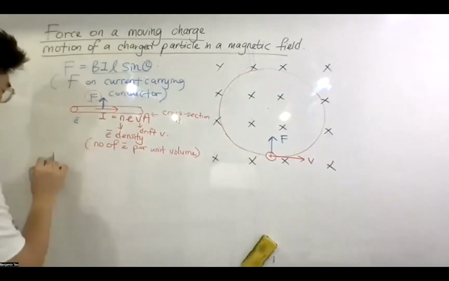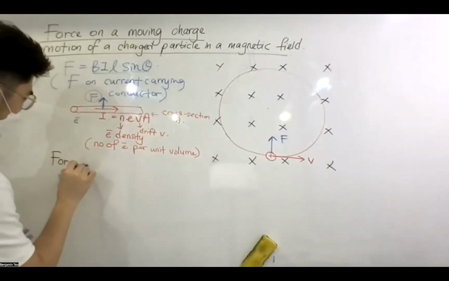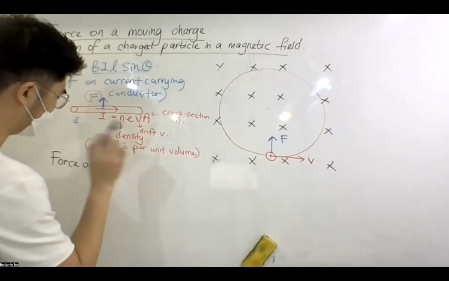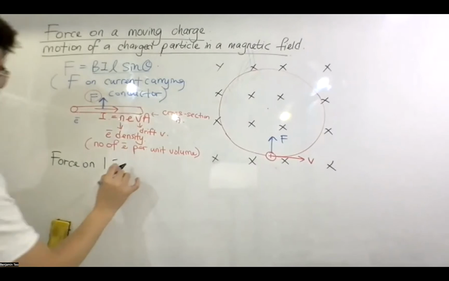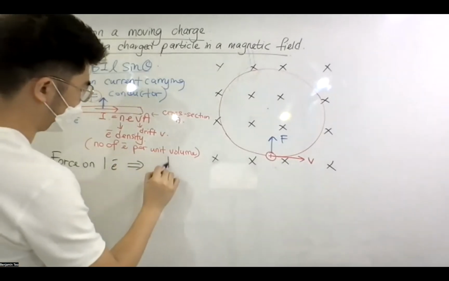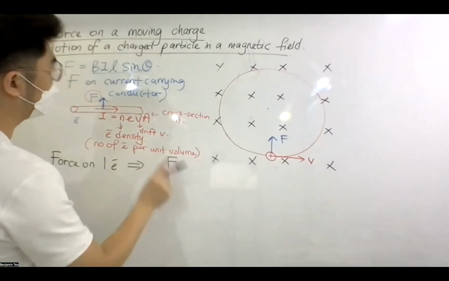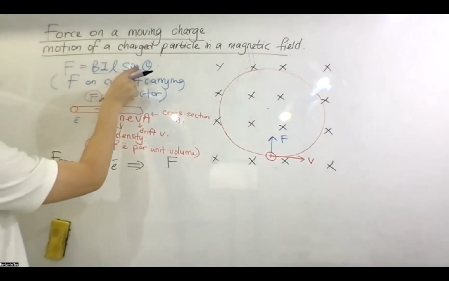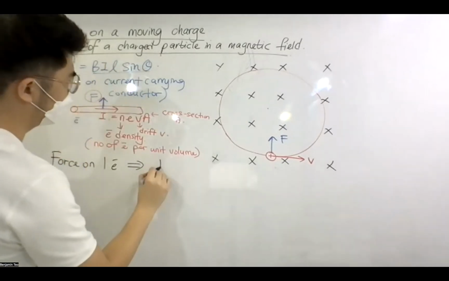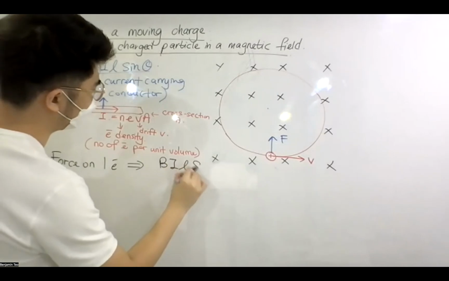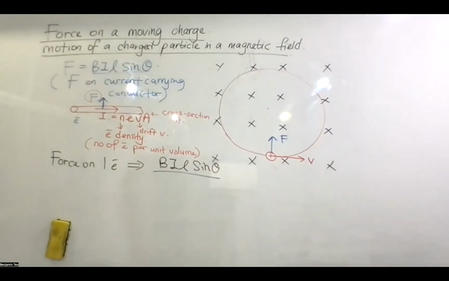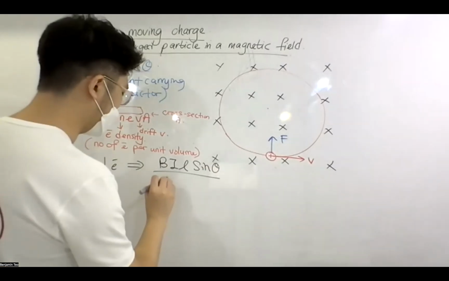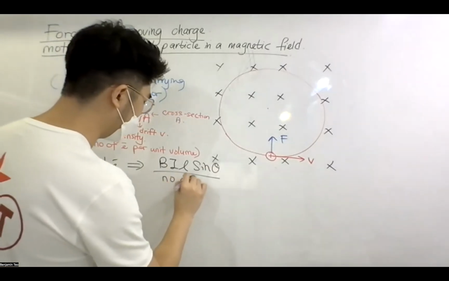So force on one electron equals the force, which is BIL sine theta, divided by the number of electrons.